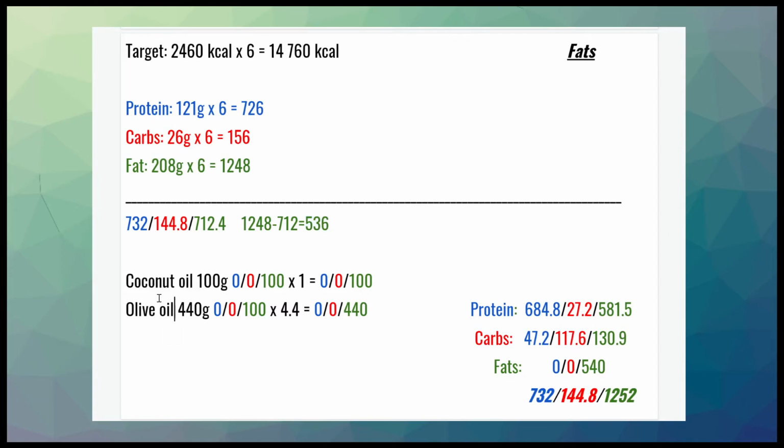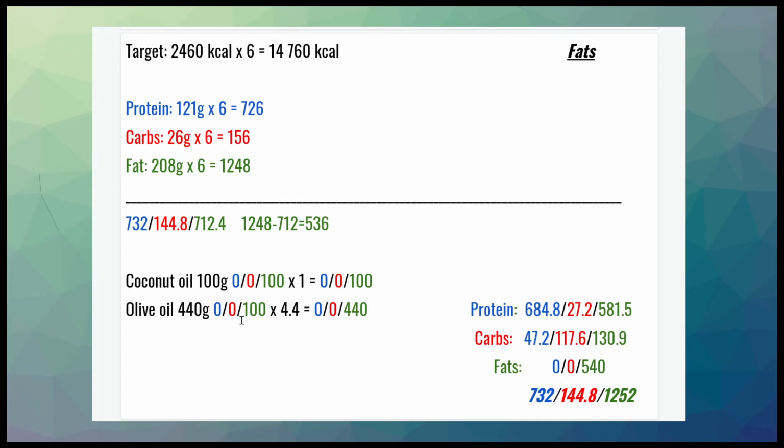So I'm using two fats at the moment: coconut and olive oil. Olive oil, a little tip if you're counting it, 100 grams of olive oil will give you 100 grams of fat. 100 milliliters of olive oil will give you 91 grams of fat.